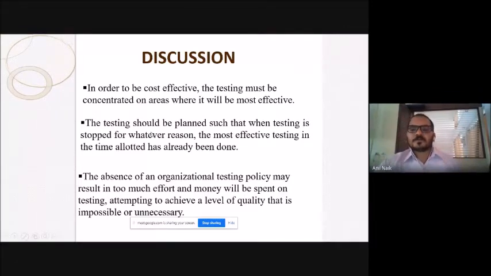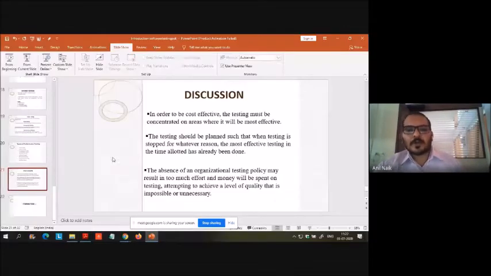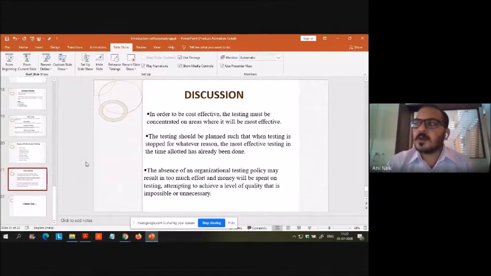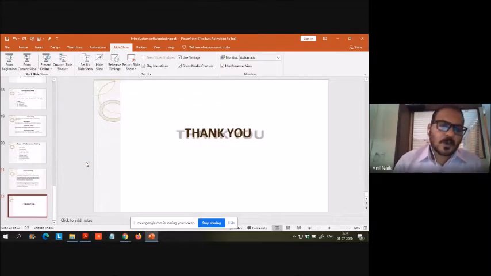For the quality of the software, we mainly focus on the test plan, test cases, and other parameters, such as providing training to employees on testing tools, to improve the quality of the software.